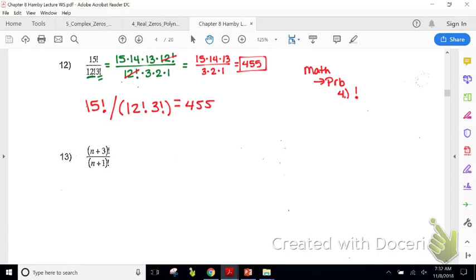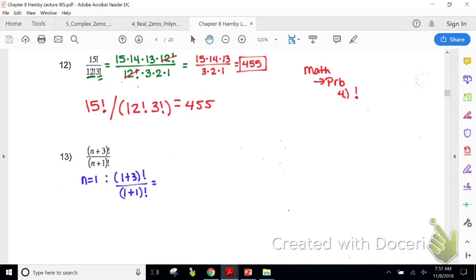All right, so 13. We have n plus 3 factorial over n plus 1 factorial. Now, it didn't tell us what to use for n, okay? So we're just going to find like the first 3. So let's find when n equals 1. So when n equals 1, we would have what? 1 plus 3 factorial over 1 plus 1 factorial.